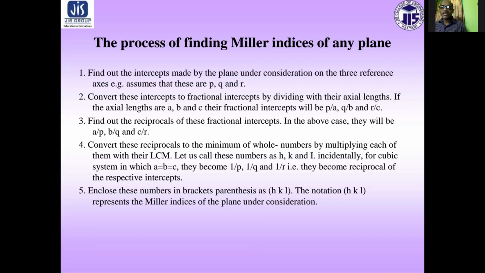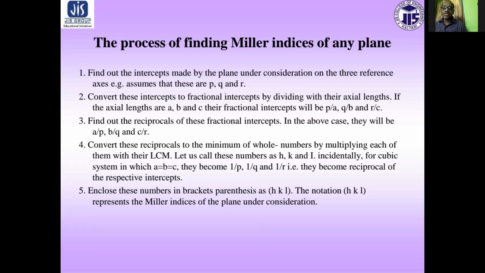Second, convert these intercepts to fractional intercepts by dividing by the axial lengths. The axial lengths along the x, y and z axes are A, B and C respectively, and the fractional intercepts will be P by A, Q by B and R by C.